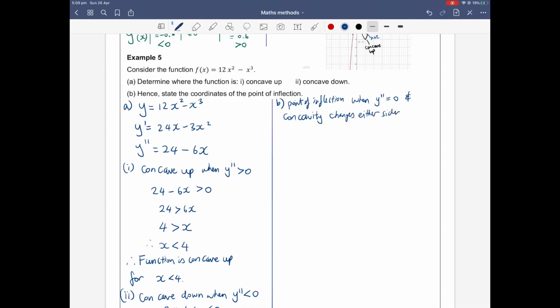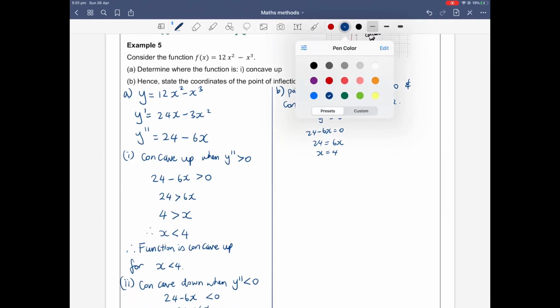So y dash dash equal to 0 means 24 minus 6x equals 0. So 24 equals 6x, so x equals 4.